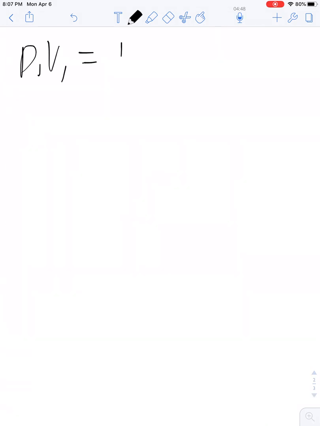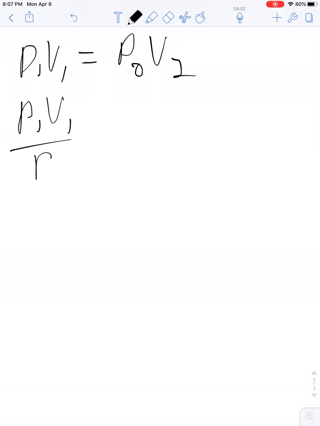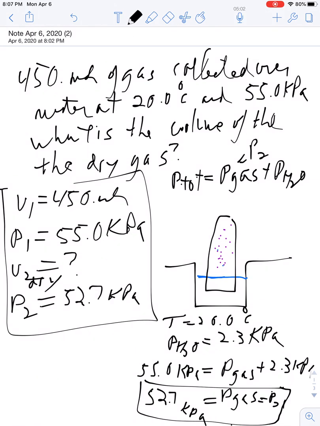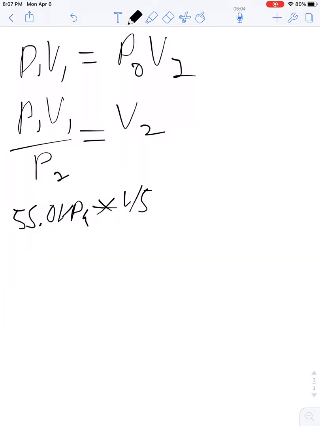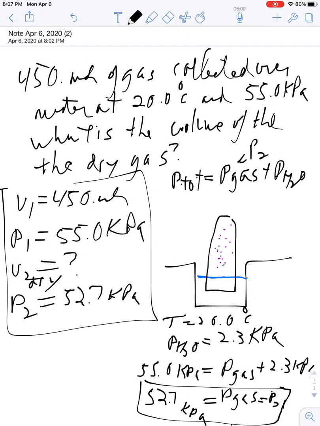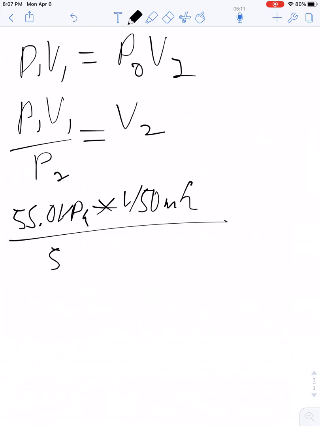P1 V1 is equal to P2 V2. Solve for V2, plug in the numbers, 55 kPa times 450 milliliters divided by 52.7.